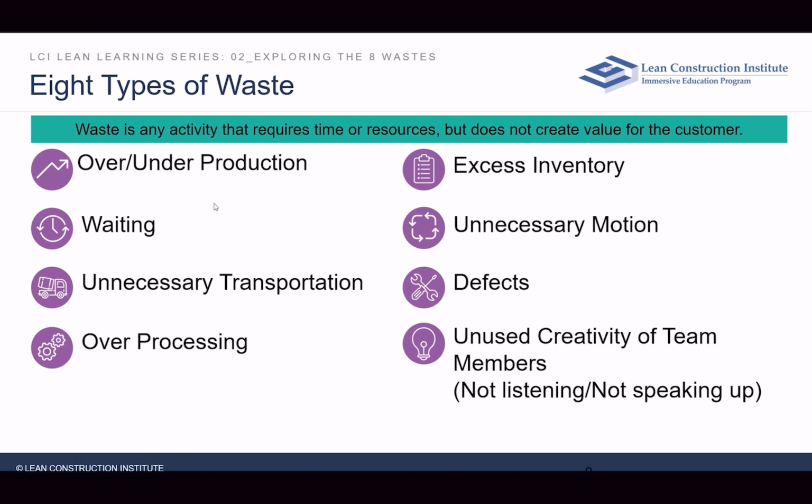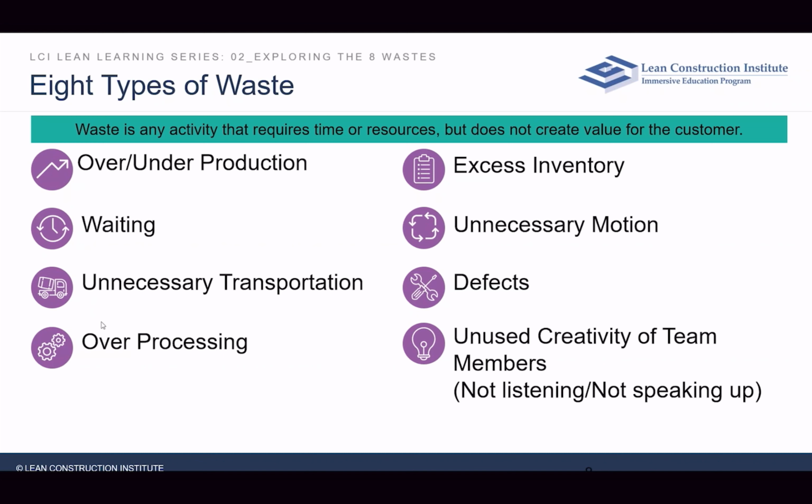Each one of these joins together from one to the next. So if you have this, you're going to move to having the wait, and then waiting creates this. So each one of these is done in a specific order. In the LCI presentation, I use the DOWNTIME acronym when I'm thinking about memorizing this and living it in my own life because it's easy to remember.